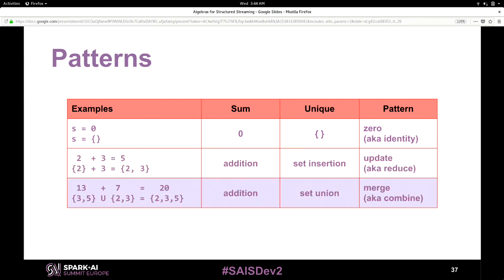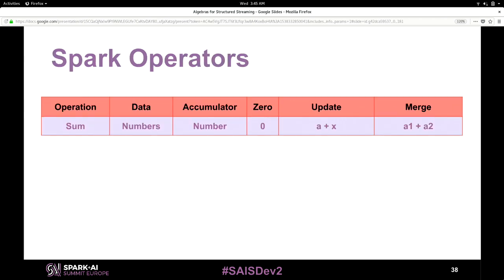And lastly, once we've collected partial results, we have to merge them. And so again, for sum, this is just addition, but for unique elements, it's set union. And the pattern is called merge, frequently in libraries. You'll also see this called combine.